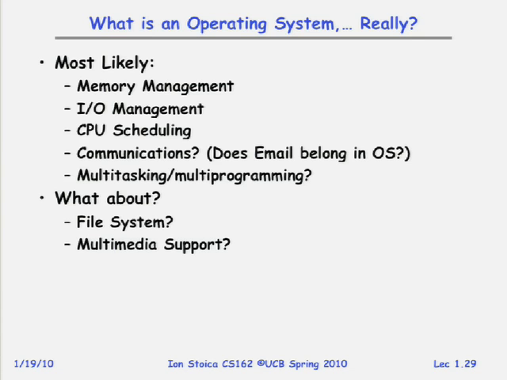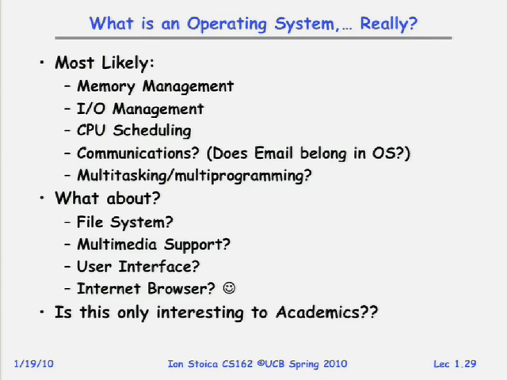Does Flash belong to an operating system? Does QuickTime belong? User interface, internet browser. Does it belong? You know very well there was an antitrust case against Microsoft a decade ago or more, which found that the internet browser should not be part of the operating system.